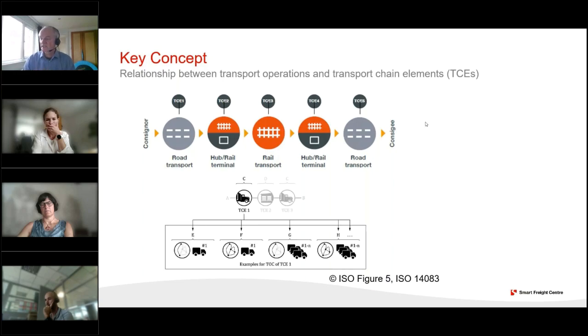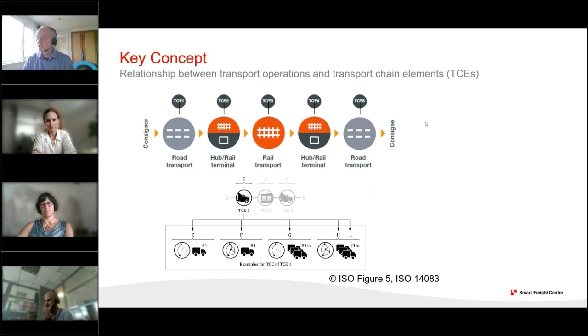We basically have set up the concept of a transport operation category for the transport legs, or a hub operation category for the hubs. And the idea is basically then, rather than focusing in on an individual movement, which is not necessarily going to be representative of the transport that occurs on a regular basis.